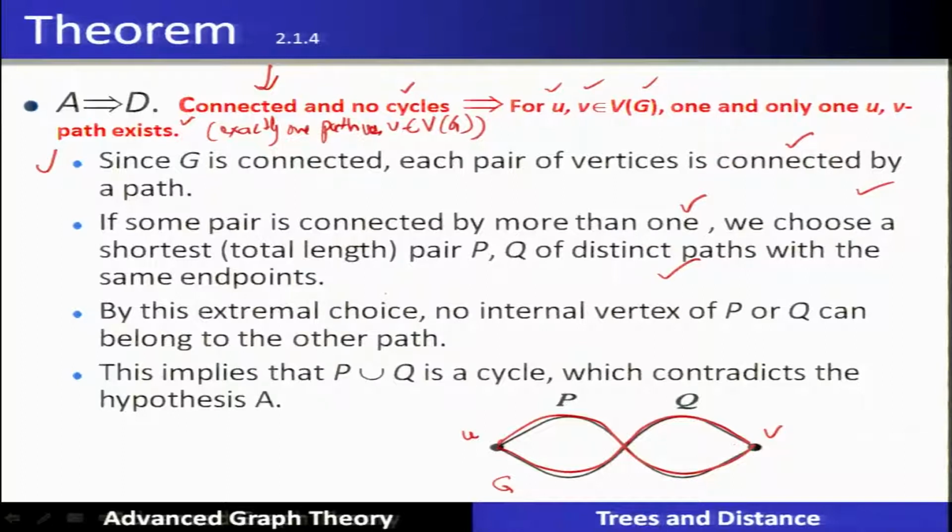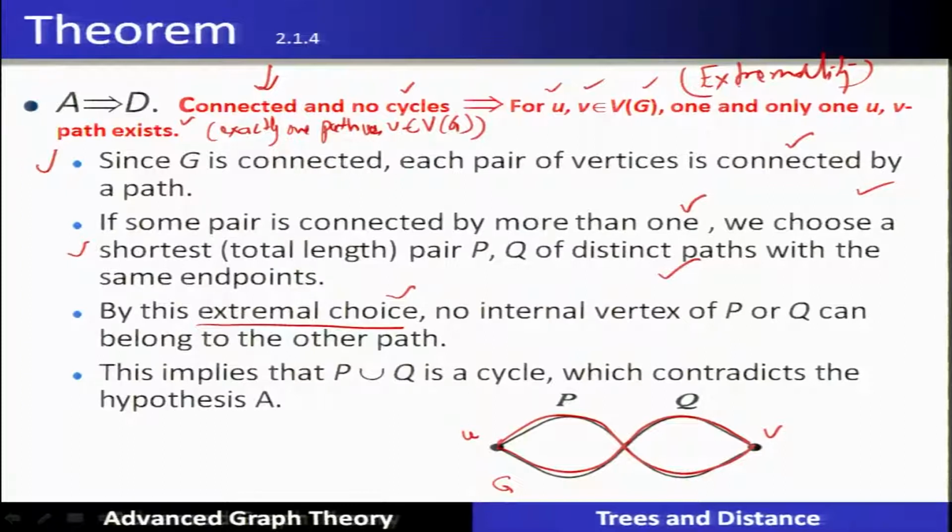With this extremal choice, extremal in the sense that all other paths we have ignored and only the shortest ones we have considered, incidentally there are more than one shortest path. So, we have now seen the extremal conditions. We are looking at the extremality condition here in the proof.